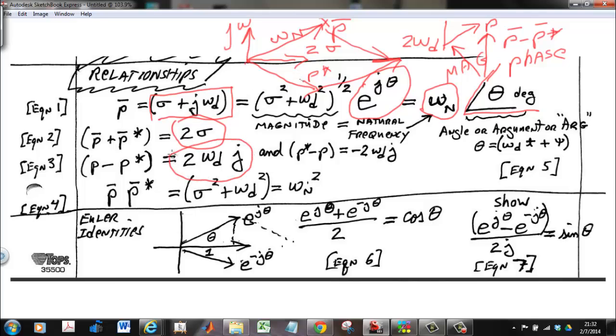So 2 omega d e to the j 90 degrees, or 2 omega d j. And P star minus P will be the complex conjugate, or minus 2 omega d j.